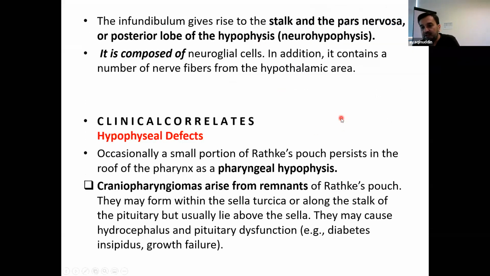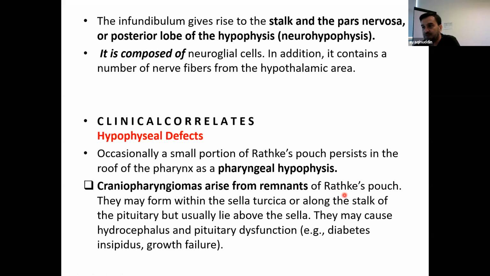Now we are coming to some of the clinical correlates. There might be some hypophyseal defects. For example, occasionally a small portion of the Rathke's pouch persists in the roof of the pharynx, and this is called the pharyngeal hypophysis. Then you have the craniopharyngiomas, which arise from the remnants of the Rathke's pouch.